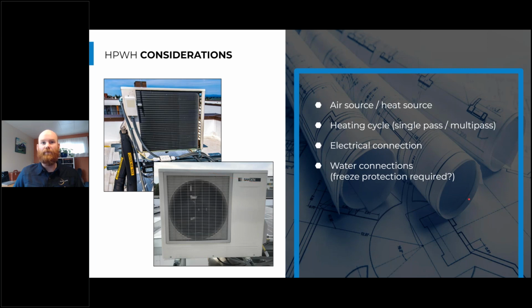So understand where the water connections are, are they outside, and do I need freeze protection for the environmental conditions I'll see for this given building. Condensate management. Heat pumps make condensate. They're actively taking heat out of the air. The air typically has moisture in it, and that moisture can condense on that cold evaporator coil.